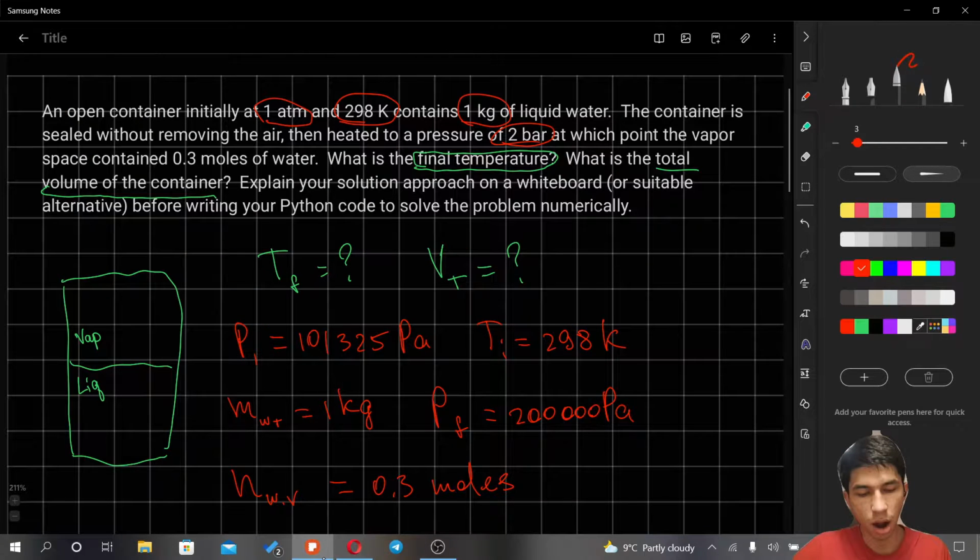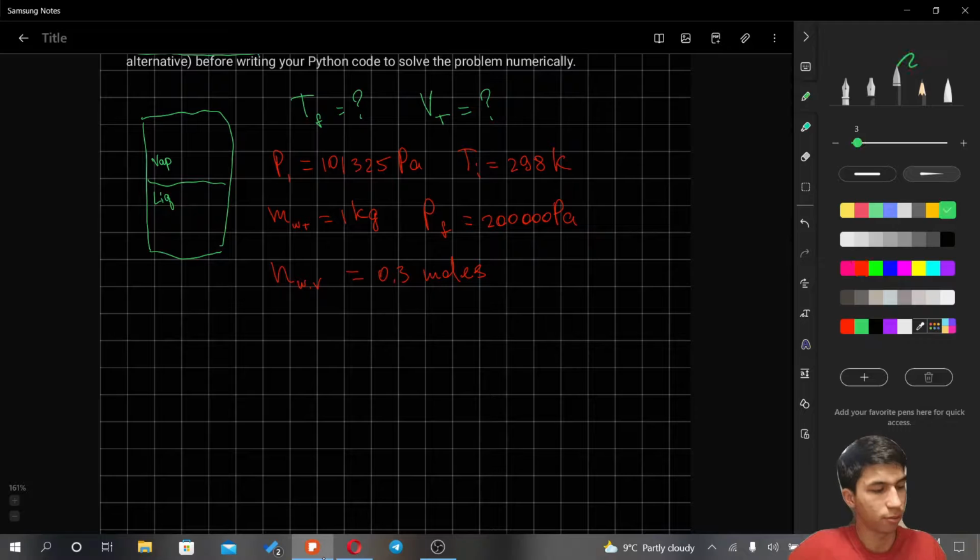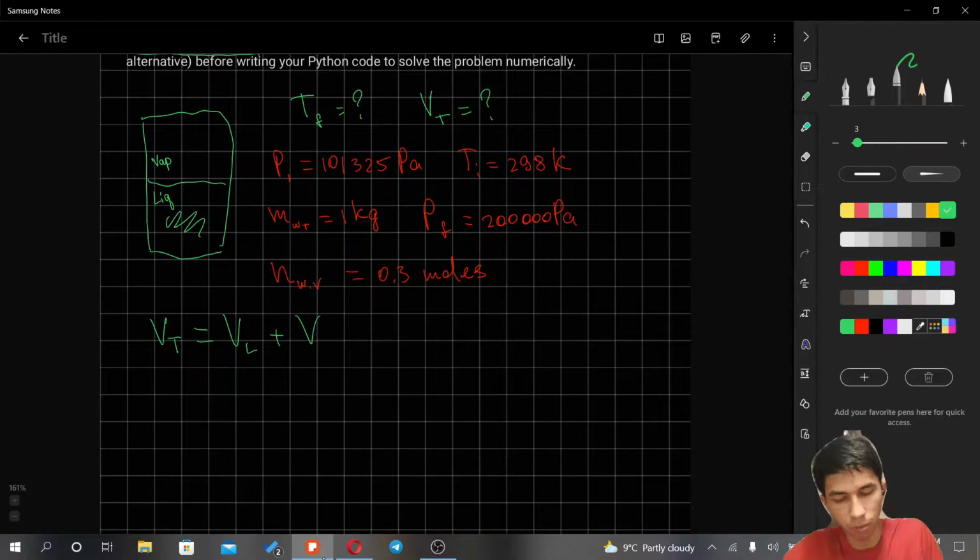As we are asked to find our total volume, let's just start by writing the equations we might know. We know that total volume equals the volume in liquid phase plus the volume in vapor phase, right?